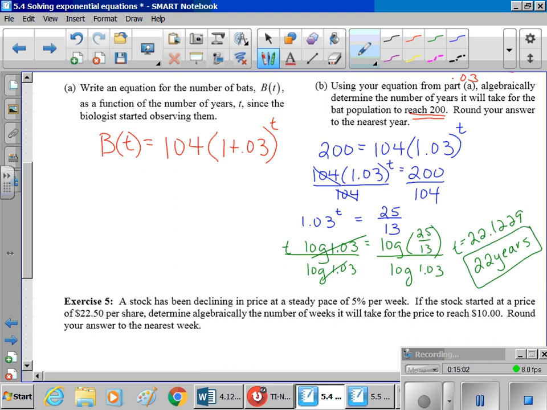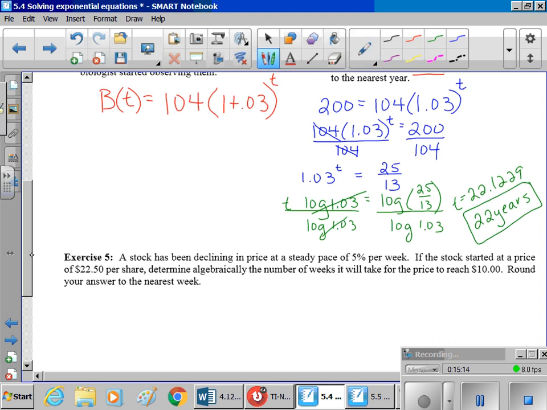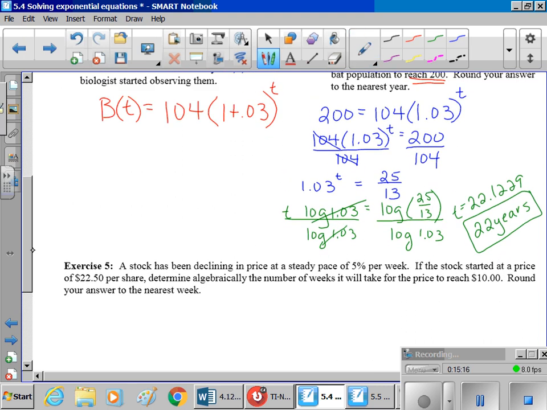Whenever I get a decimal, I always go back up to see how it tells me to round it. All right, leave it there for another second so you can write it down.